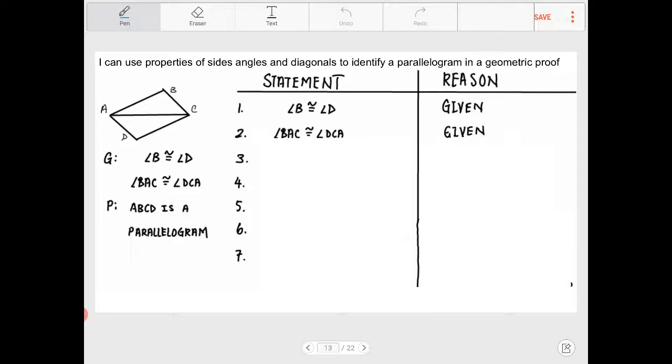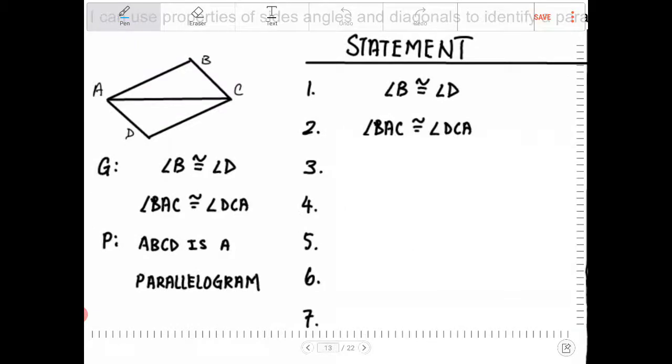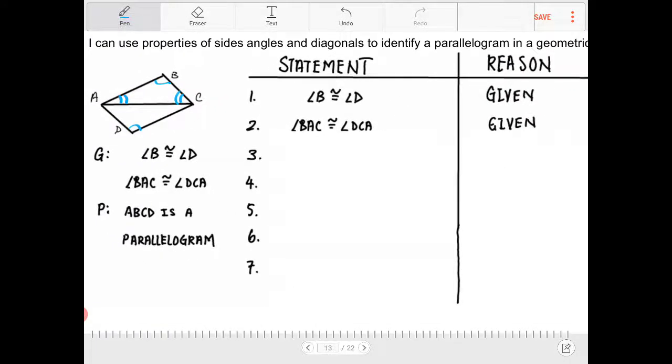Again, mark the diagram up. We know that B is congruent to D, and we know that BAC is congruent to DCA. So wait a minute. I'm sorry, I mislabeled DCA.